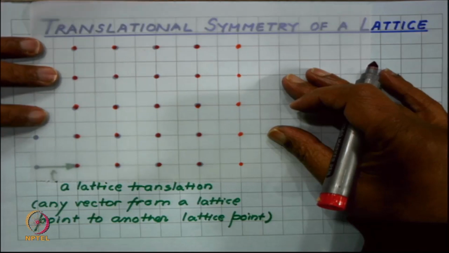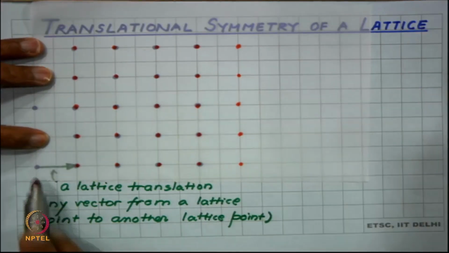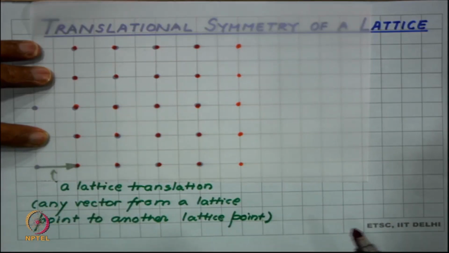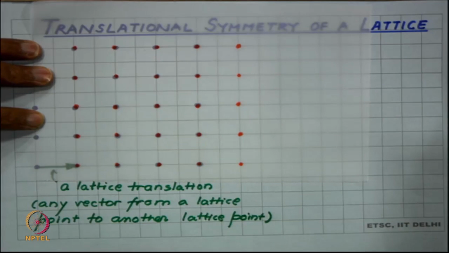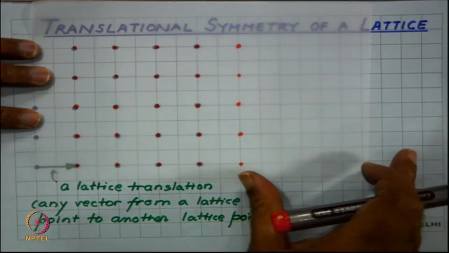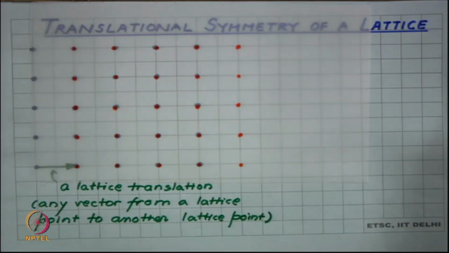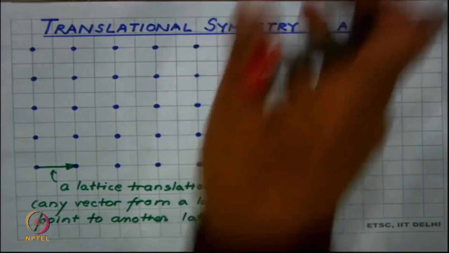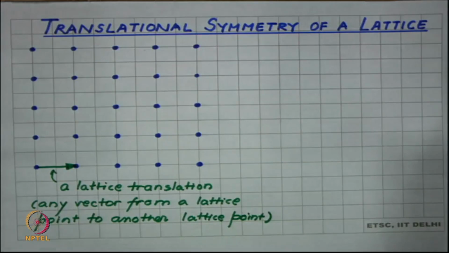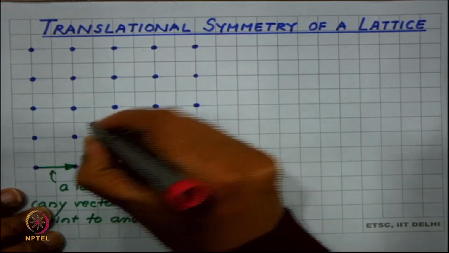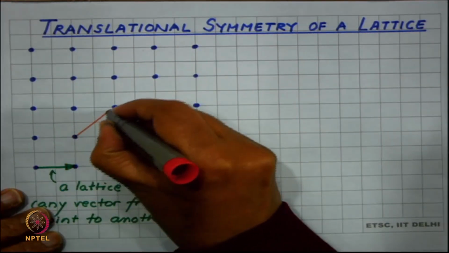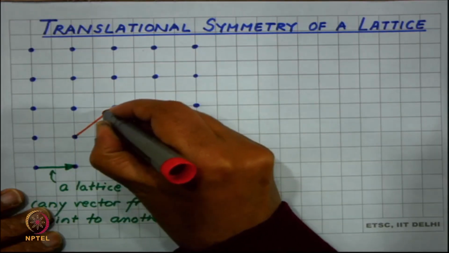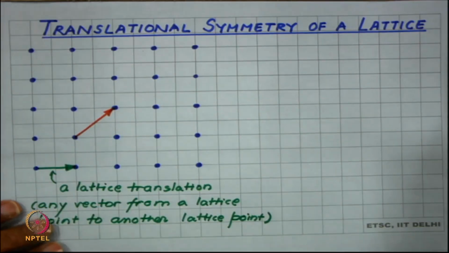So, this shift by a lattice translation vector is a symmetry operation of this lattice. This is the translational symmetry of the lattice. Of course, a lattice will have many other translations. Let me mark another translation, say this diagonal vector from this lattice point to a diagonal point.